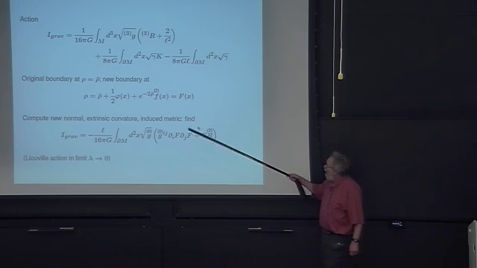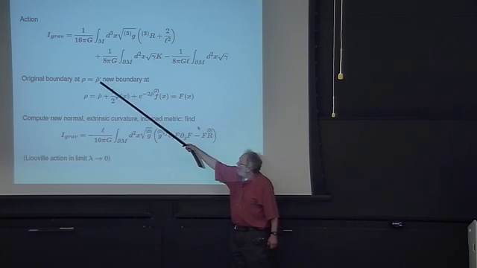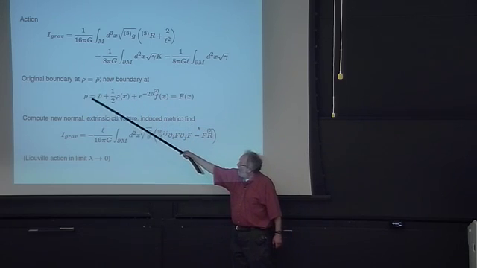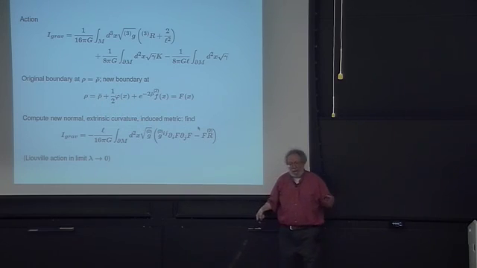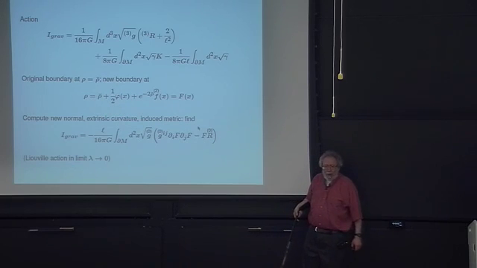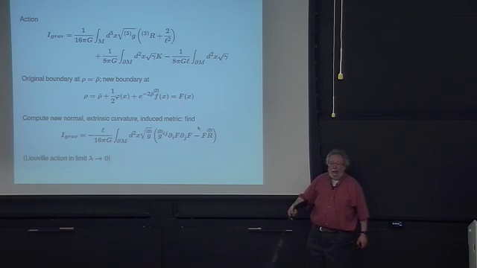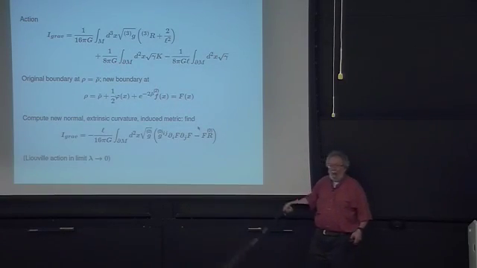The original boundary was at some value of rho, say rho bar. The new boundary is at rho bar plus this variation. So all you have to do is take this new boundary, figure out its normal vector that determines the extrinsic curvature, figure out the induced metric that determines the volume, stick them into this action, and what you see is that the action is not invariant.